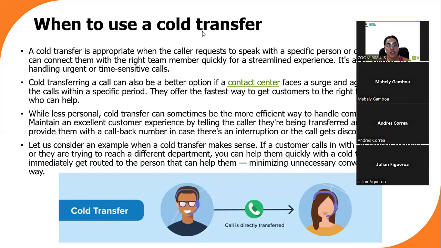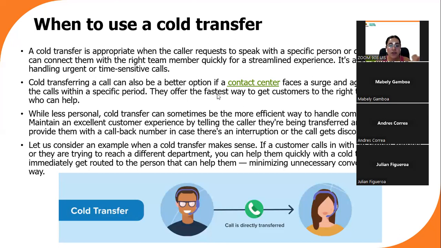Okay, so here we have that in some cases in contact centers, there is a surge in the volume of calls. So they would ask you to call transfer calls to maximize the efficiency of the time that the calls are handled, okay?